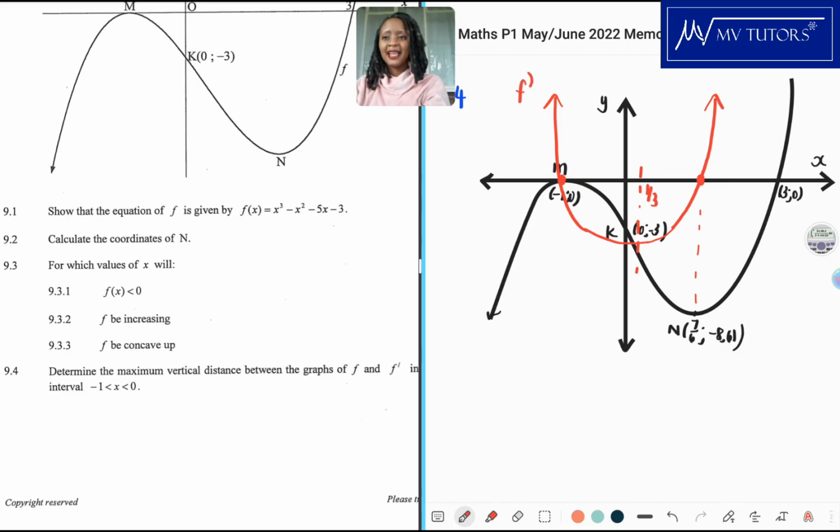All right, and if they wanted you to draw the function of when you do a second derivative, that will just basically be a straight line going up from left to right. So now we need to determine the maximum vertical distance between the graphs of f.